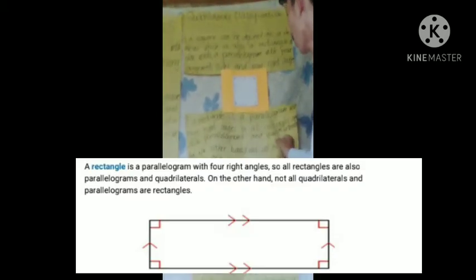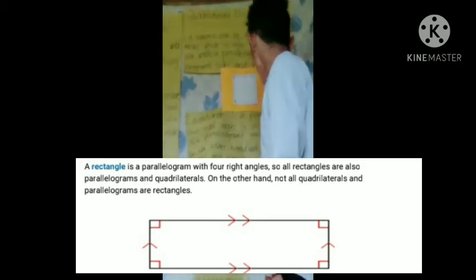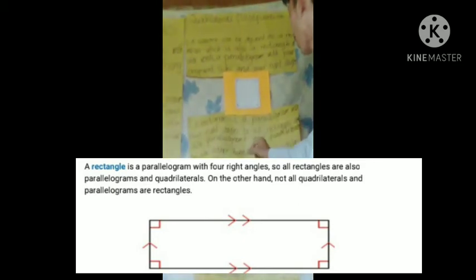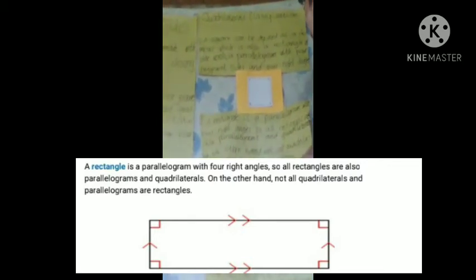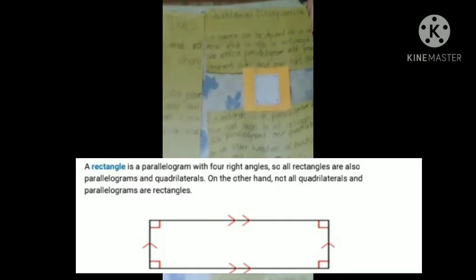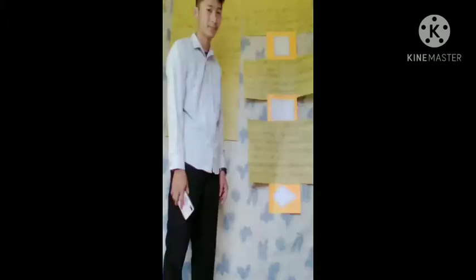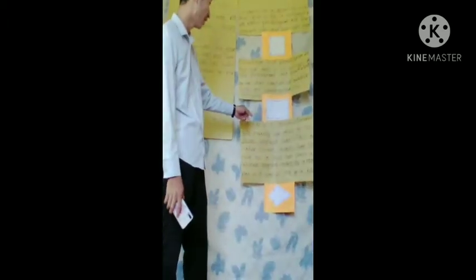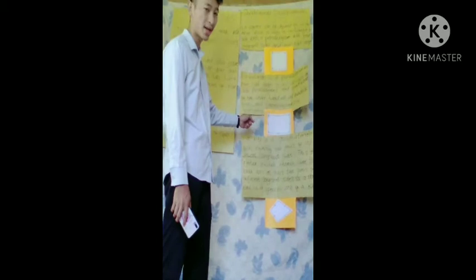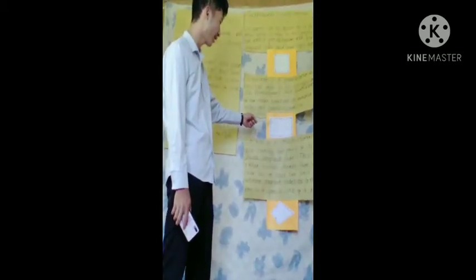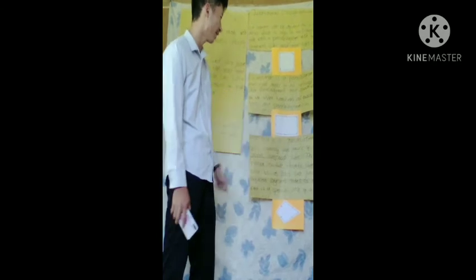So let's proceed to the second chosen classification, the rectangle. A rectangle is a parallelogram with 4 right angles. All rectangles are parallelograms and quadrilaterals, but not all quadrilaterals and parallelograms are rectangles. As we can see in the figure of the rectangle, as with the square, they have the same right angles, measuring 90 degrees.